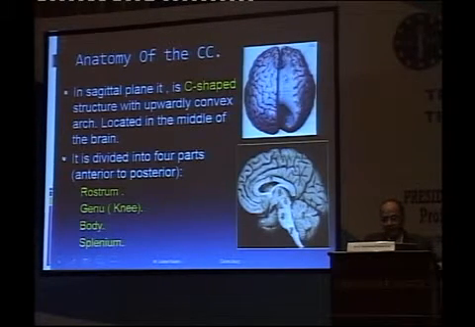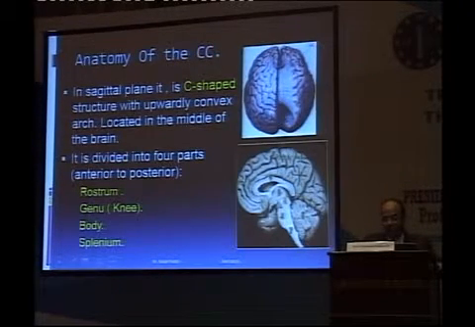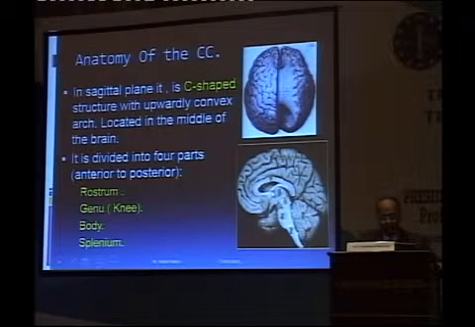These are the fibers connecting both hemispheres constituting the corpus callosum, and in the mid-sagittal plane we can see it as a C-shaped structure in the midbrain, which is composed of almost 4 parts.